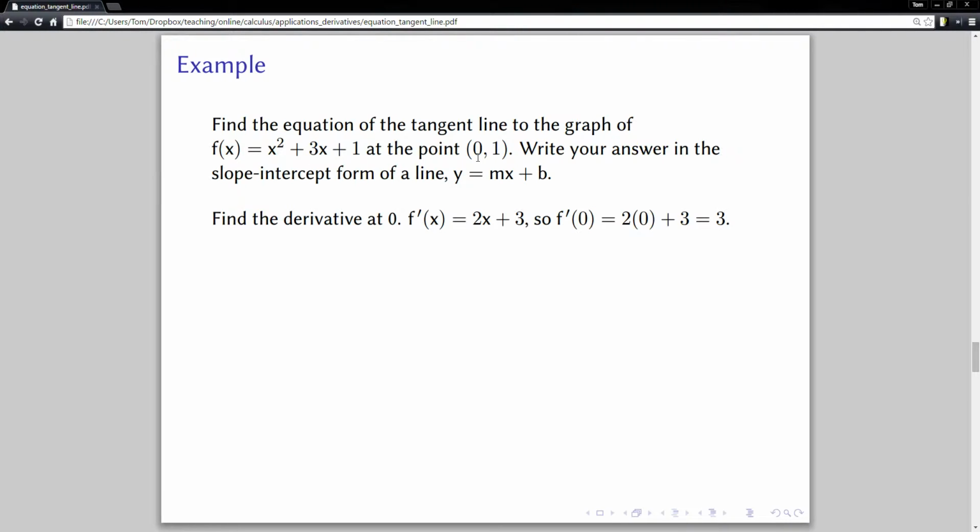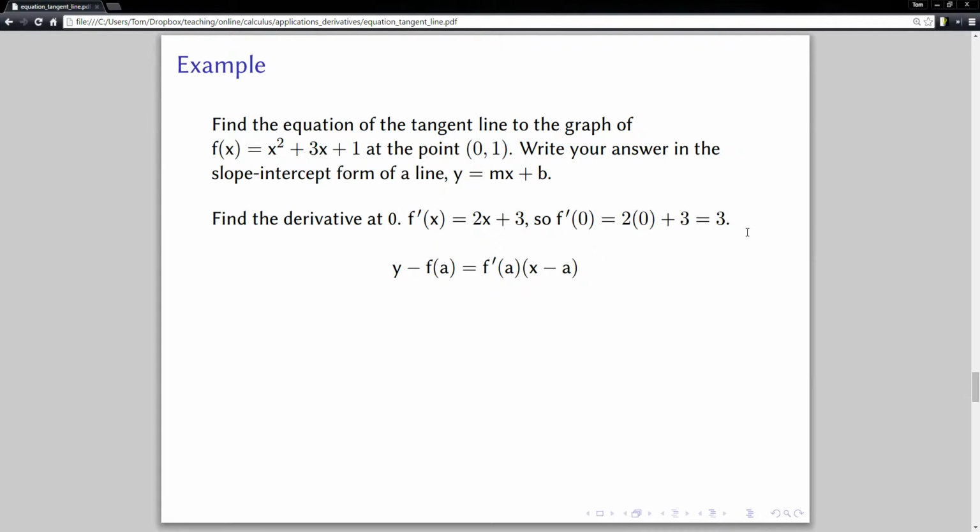That's going to be a in this case. The derivative of x squared plus 3x plus 1 is just 2x plus 3. Then we plug 0 into that, simplify, and we get 3. So the derivative of f at 0 is equal to 3. That's going to be the slope of the tangent line.